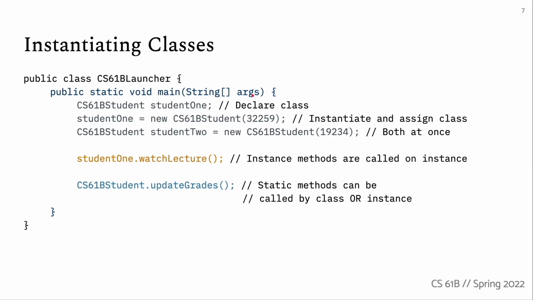I don't actually think it needs to be called args, but tradition says it's called args. And what the string array will contain are the command line arguments that you pass in. So let's say you do Java CS61B launcher.java, and then you can type in whatever word after it, and those will be passed in as the arguments.